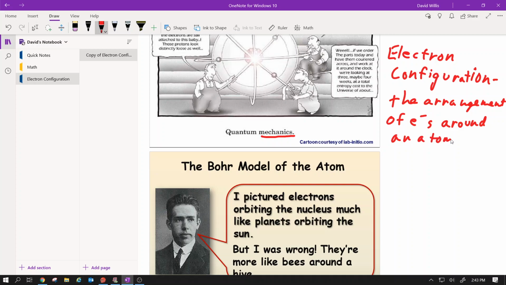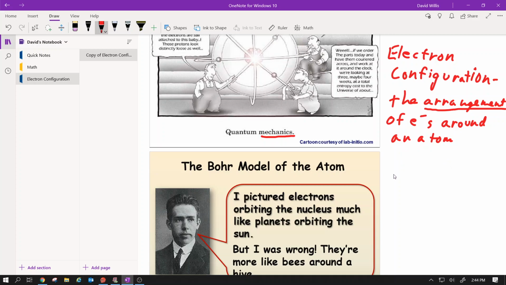What's that word after arrangement? The arrangement of electrons. What's that word after the A after the double R's? Arrangement. Mm-hmm. The arrangement of electrons around an atom.